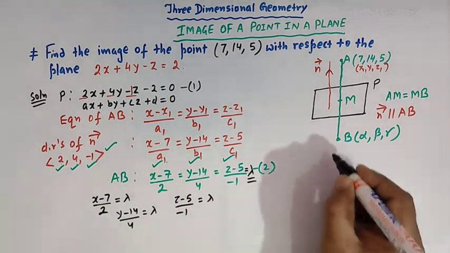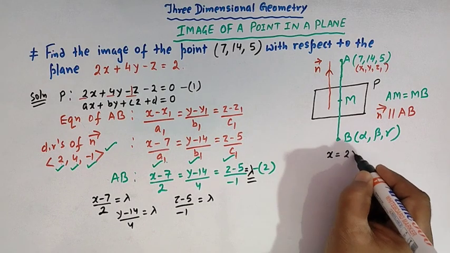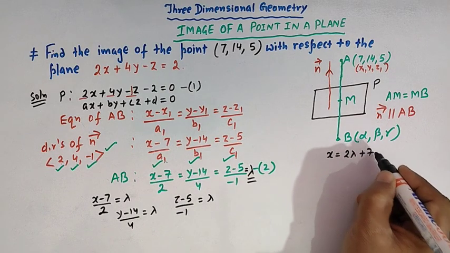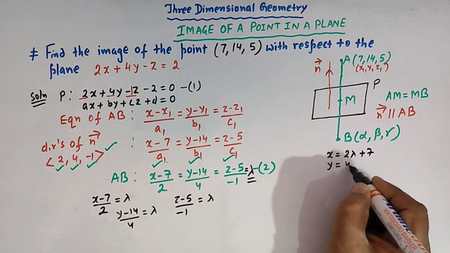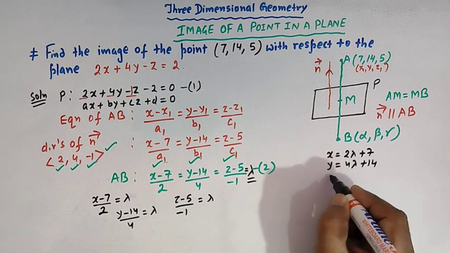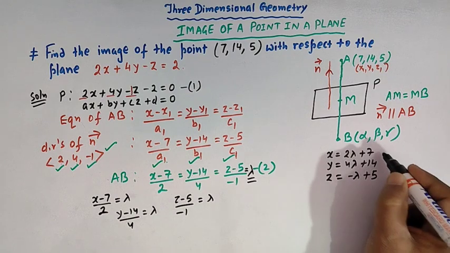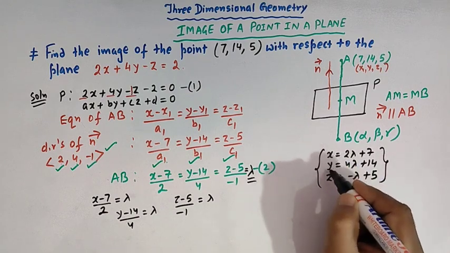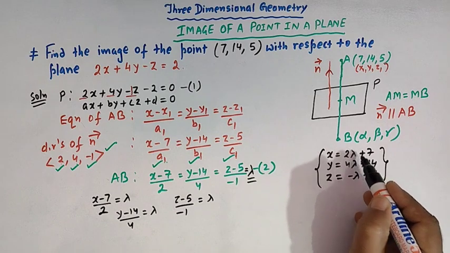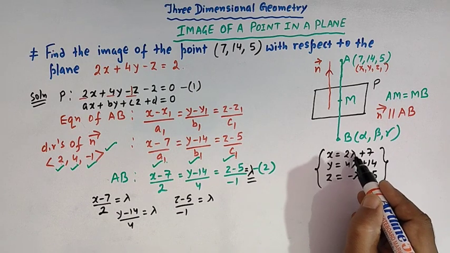So from here we can get x is equal to 2 lambda plus 7, then y is 4 lambda plus 14, and z is minus lambda plus 5, right? So x, y, z depends on the parameter lambda, right?